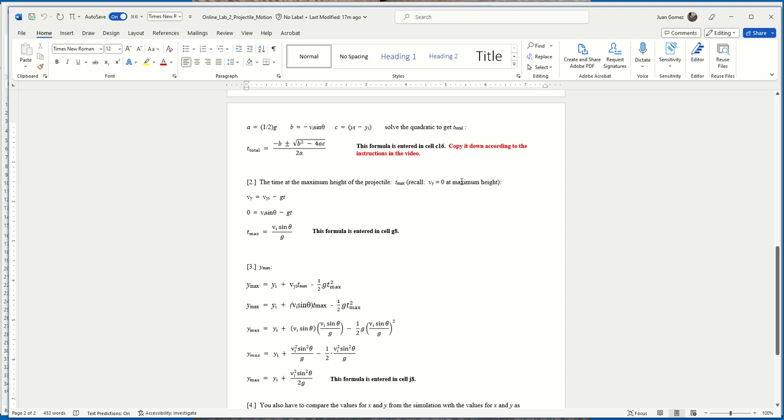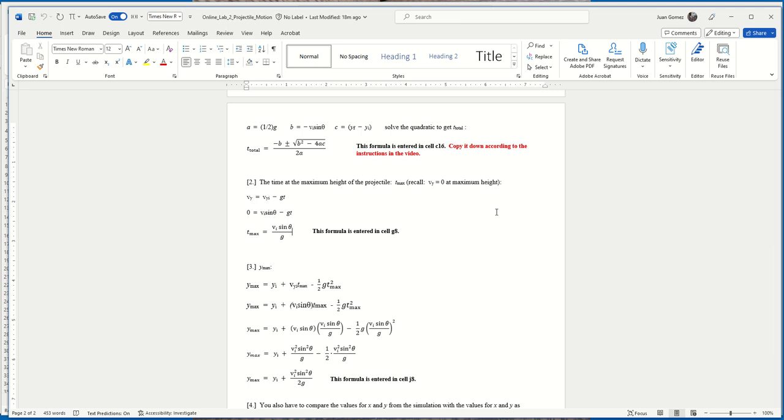But remember, at the max height, the speed is 0. So Vy is equal to 0 at the max height. Again, this is very important. What is Vyi? Vyi is vi sine theta. So you have 0 equals vi sine theta minus gt. In other words, that's the time at the max height.